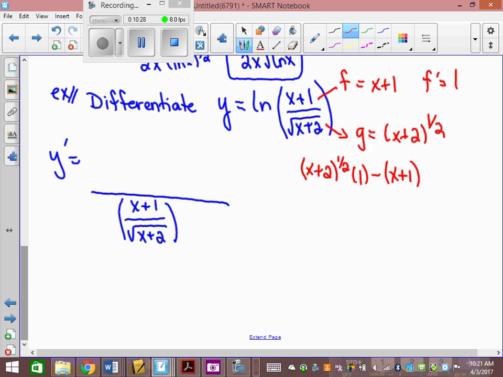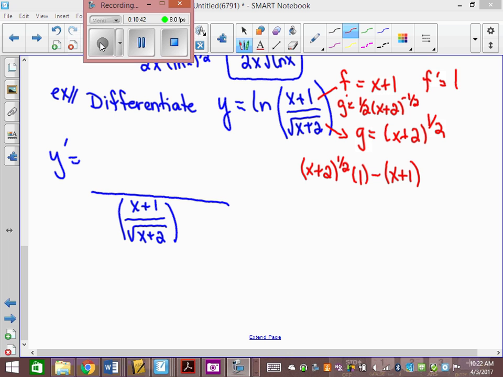G prime is going to be 1/2 x plus 2 to the negative 1/2 times 1 technically, but I'm not going to do that because it's not going to do anything. All right. Then you're going to have 1/2 x plus 2 to the negative 1/2 all over x plus 2 to the 1/2 squared.